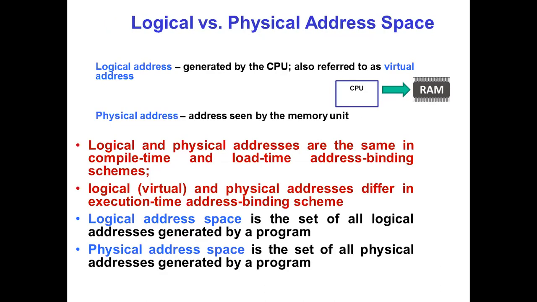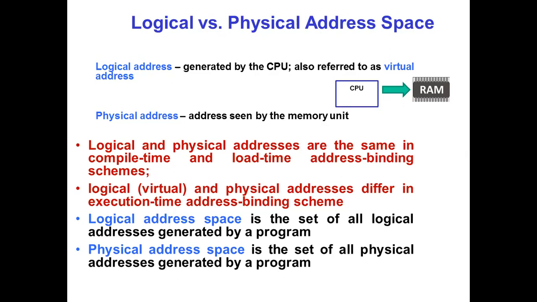So there are three times we will use. Now here you can see logical versus physical address space. You have already seen what the logical address generated by the CPU is, or sometimes it is also called the virtual address, and the physical address is seen by the memory unit. The CPU has the interface with the RAM, random access memory. Now you can see here logical and physical addresses are the same in compile time and load time address binding schemes.